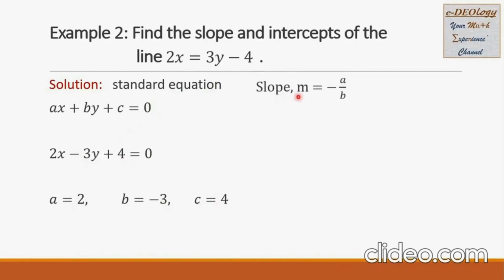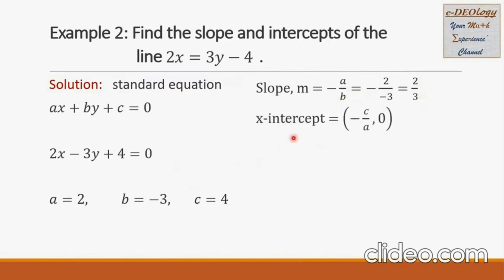Then let us compute for the slope, which is equal to negative a over b. Substituting the values now, the a here is changed into 2 and the b is changed into negative 3. Simplifying further, this negative and negative becomes positive 2 over 3. This is the slope.